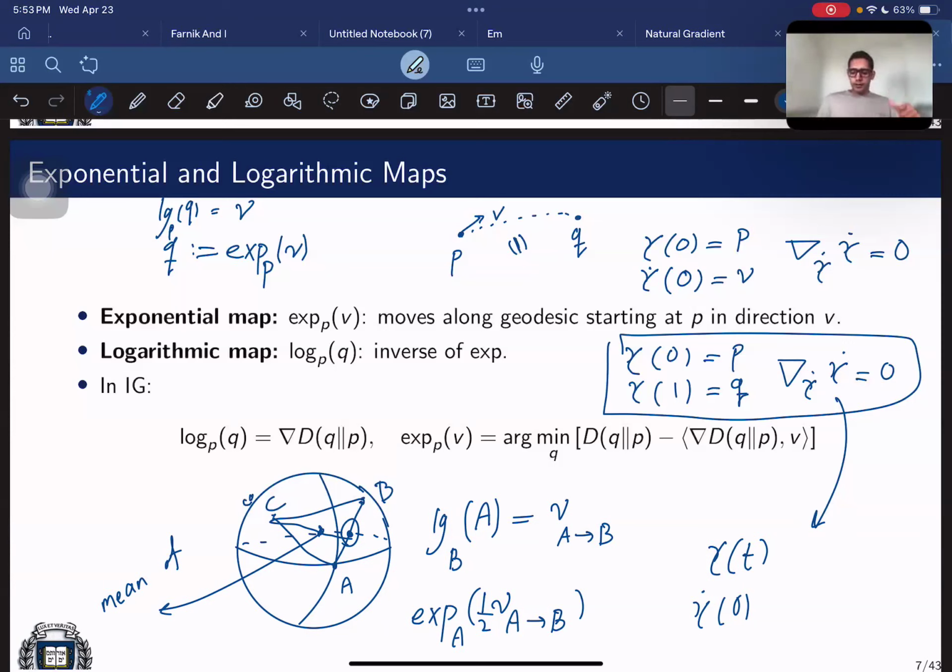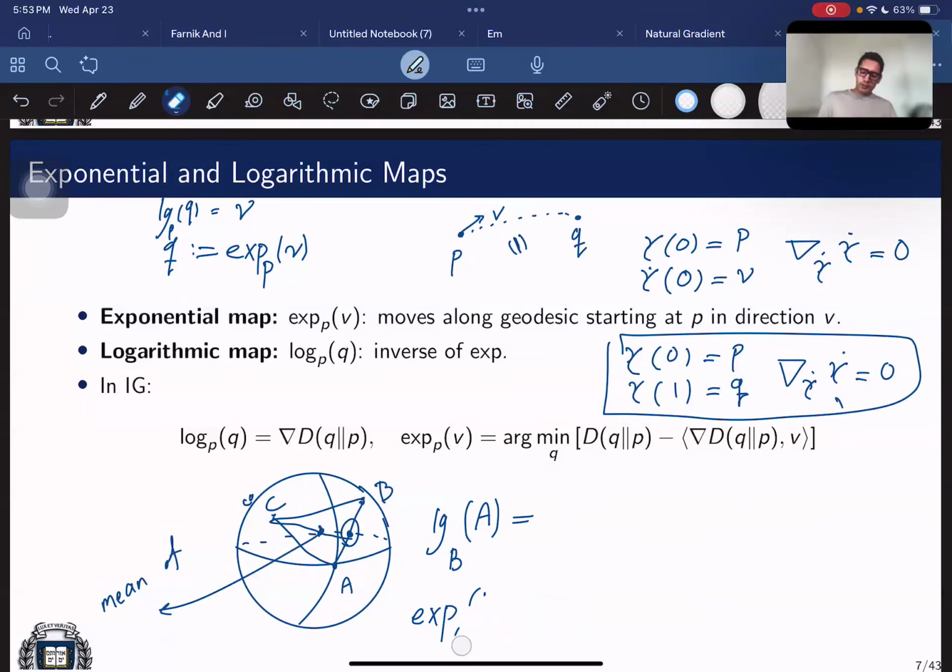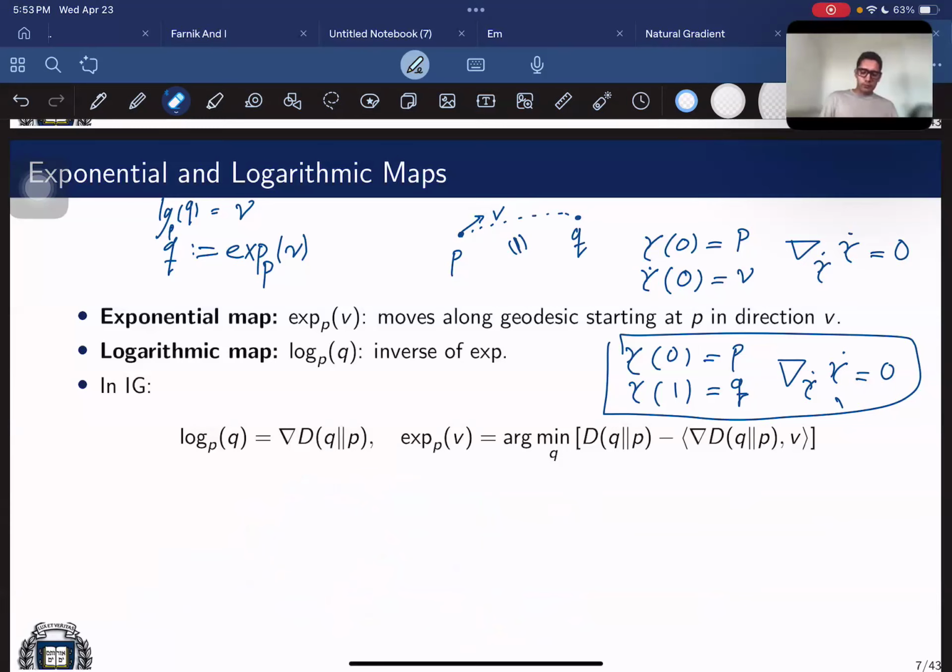Now, in information geometry, you can consider the same question. Consider 3 different normal distributions N1, N2, and N3. For simplicity, consider the variance to be 1. Then, what is the mean of these 3 distributions?